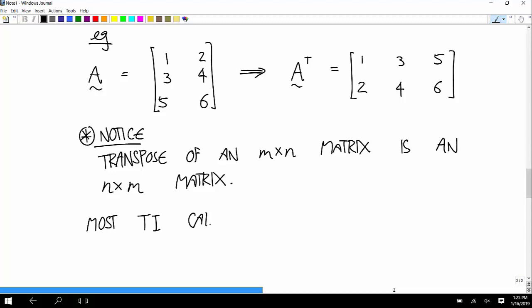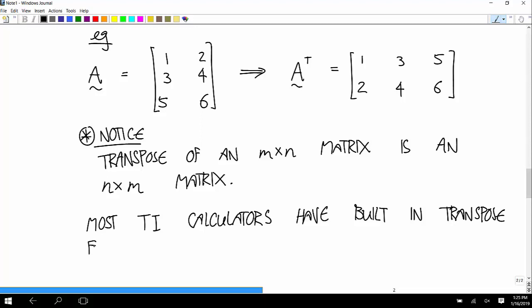Most TI calculators have a built-in transpose function, and it's called just, it looks like a small exponent, capital T.